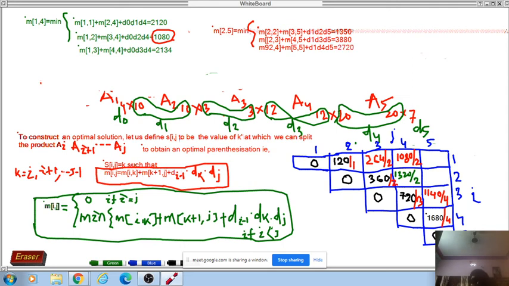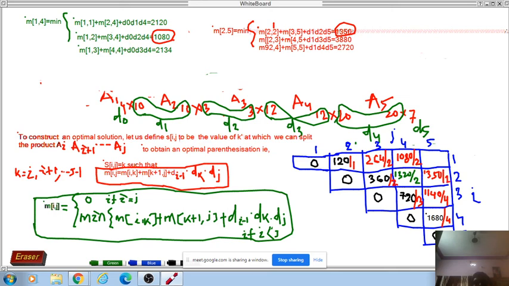Which is the minimum? This is the minimum. For which value of k is it minimum? That is 2. So you fill up 1350 with k equal to 2. Only one remaining.